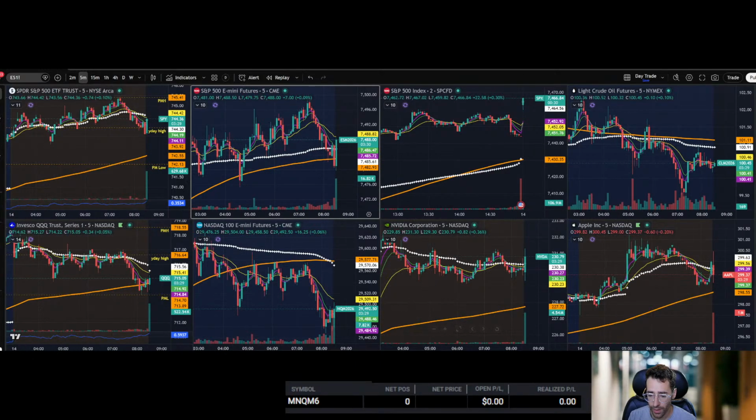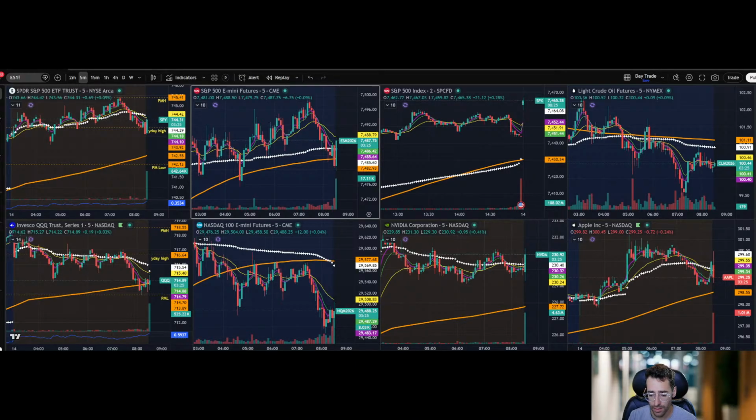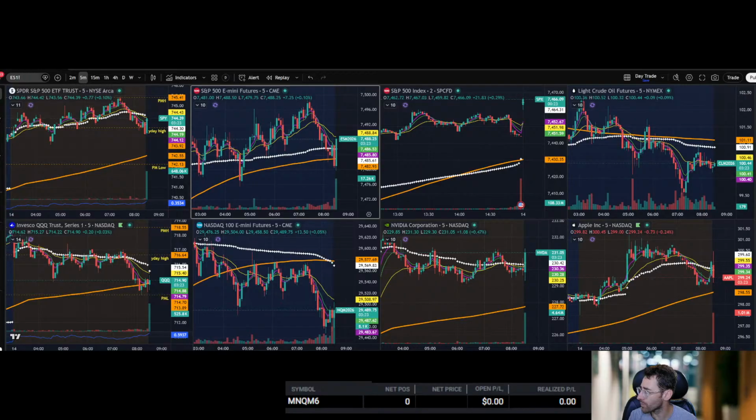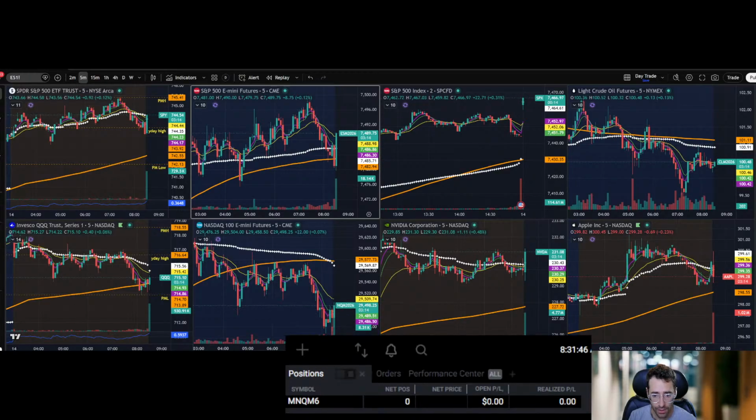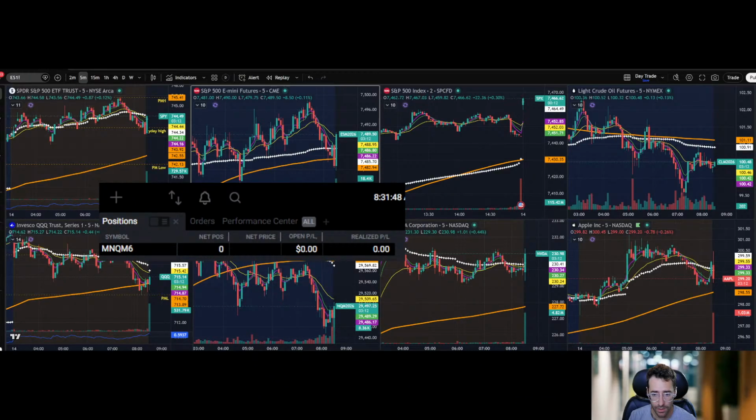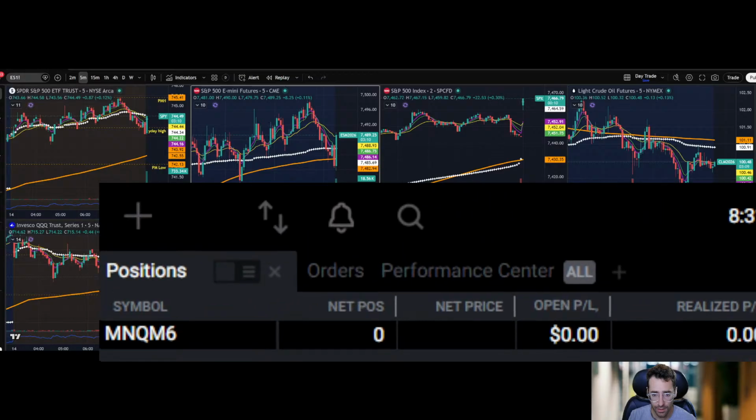And then what I'm trading with, it's because I'm not sharing the whole screen. Let's see if this works. I can re-expand it. Can I re-expand it? Nah.